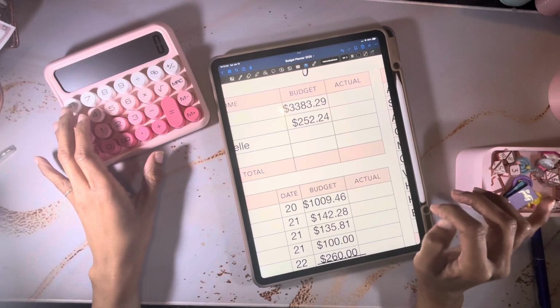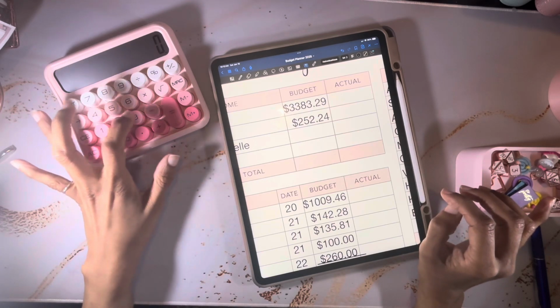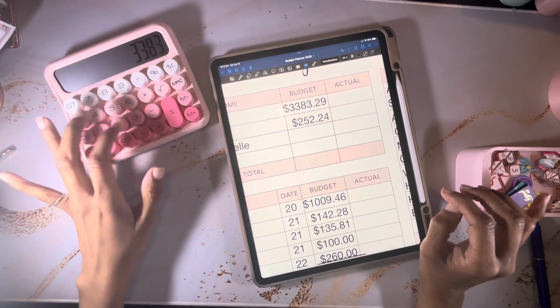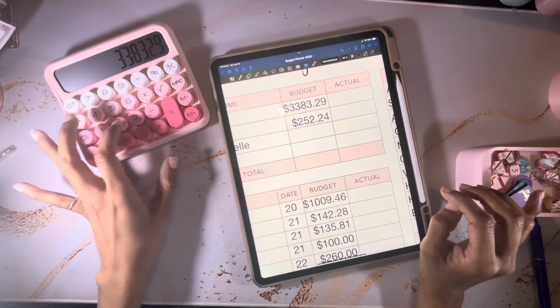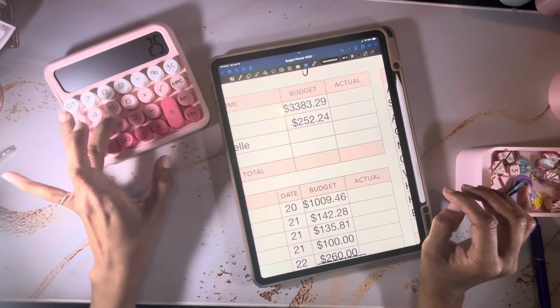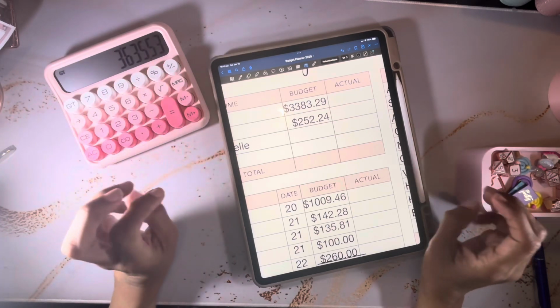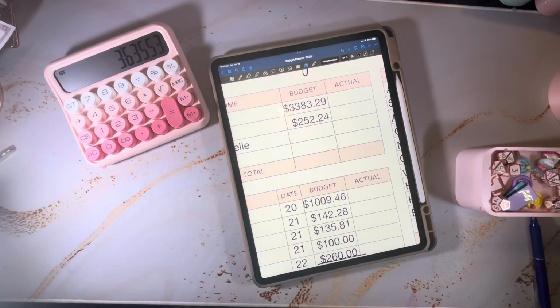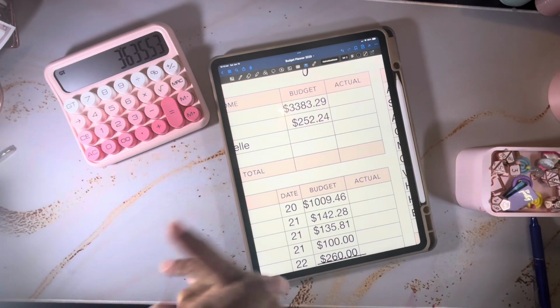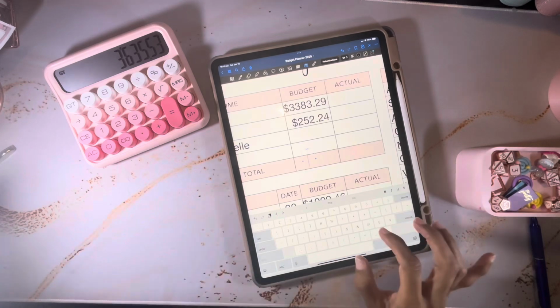So let's go ahead and total this. 3383.29 plus 252.24 gives me a total of $3,635.53. So let's put that here as the total.